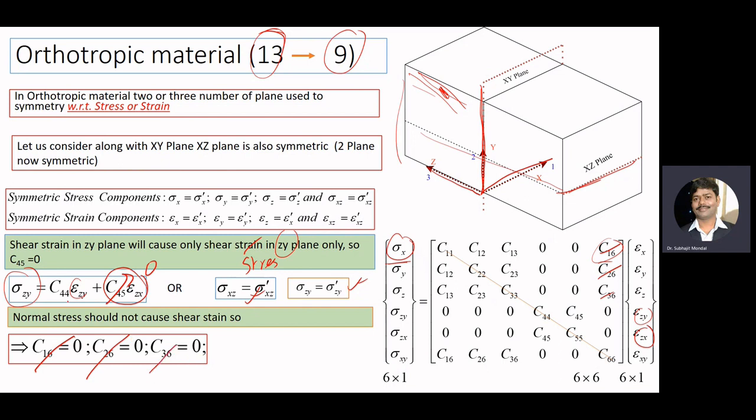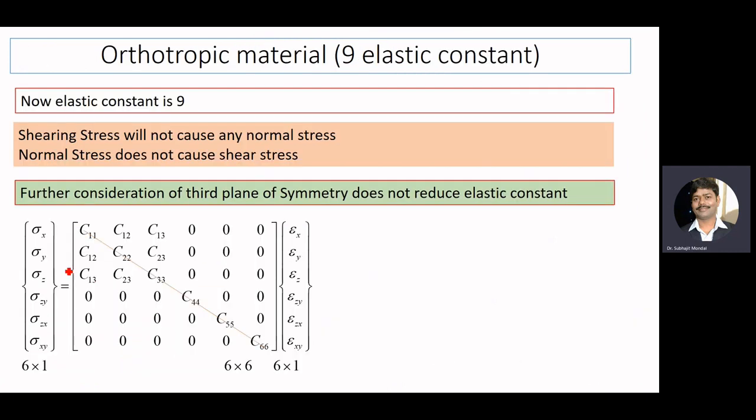Now here, if you consider the two planes of symmetricity, in such cases we can further reduce the elastic constants to 9. For an orthotropic material, where we have two planes of symmetricity, we have 9 independent elastic constants, and we can write the stress strain relationship like this.